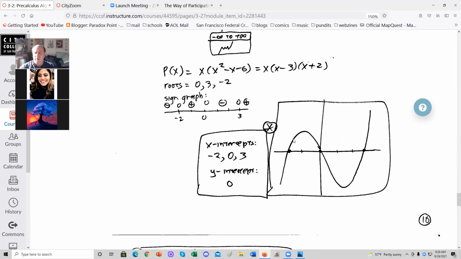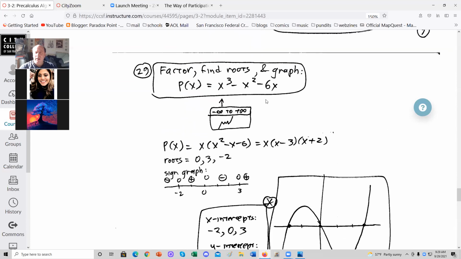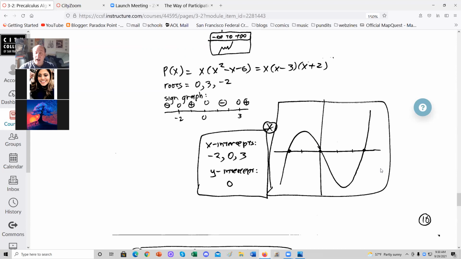So negative, 0, positive, 0, negative, 0, positive. So the x-intercepts are at negative 2, 0, and 3. And for the y-intercept, you just plug in x equals 0 and get y equals 0. And again, I encourage you to use a graphing calculator to get an accurate view of the graph, just so that you and the machine can supplement each other.